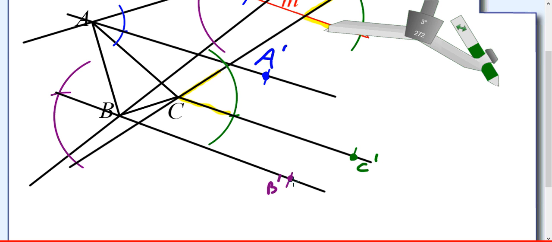So connect those points. And you can see here's the original triangle. It kind of got lost with all those lines. That's the translation over to there.